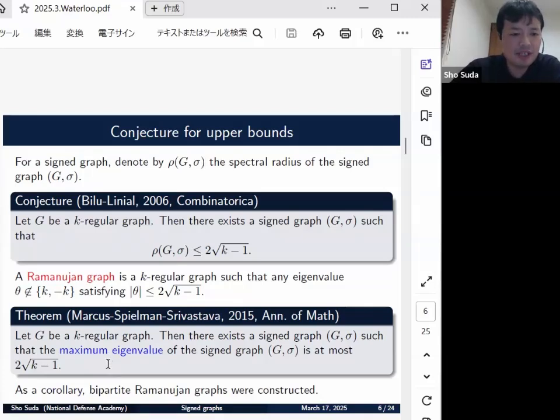And I think that before that, Ramanujan graph constructions were heavily based on using finite fields, but their proof for the construction of Ramanujan graphs is finite field free. So this result is very surprising, and their technique, the so-called interlacing families, is now very famous, and many people are using this concept in other areas, I think. That's why the spectral radius is very important in the theory of signed graphs.